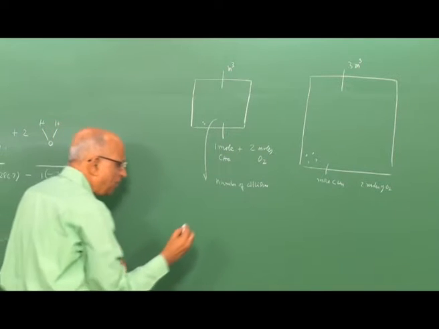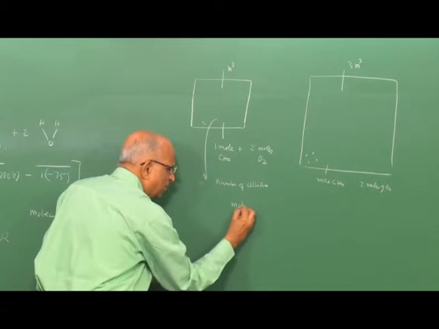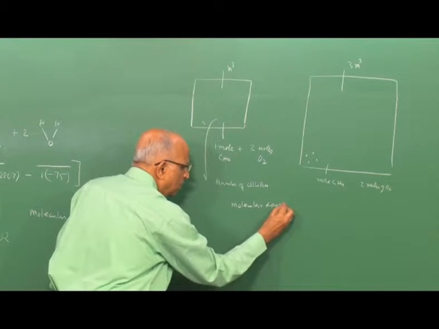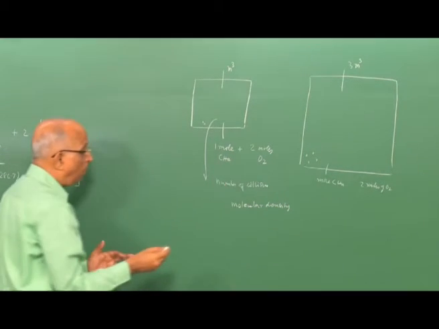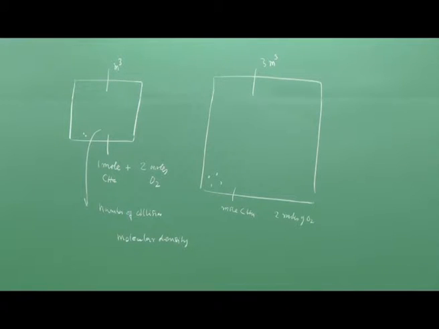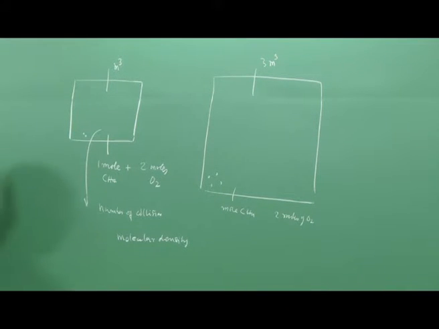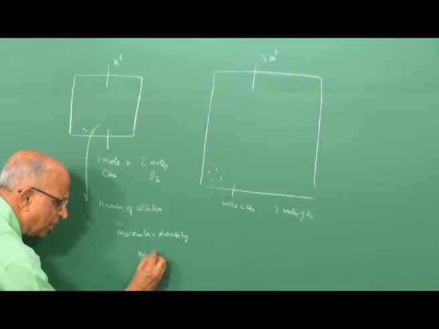Therefore, maybe I have to look at something like a molecular density. That means the number of molecules per unit volume, but since I talk of moles as 6.023 into 10 to the power 23, I can also talk in terms of molar density.